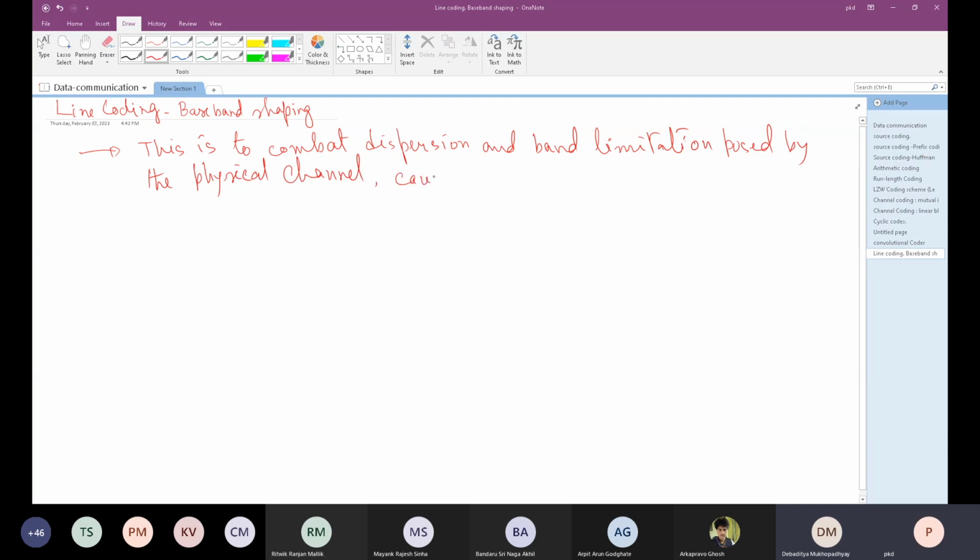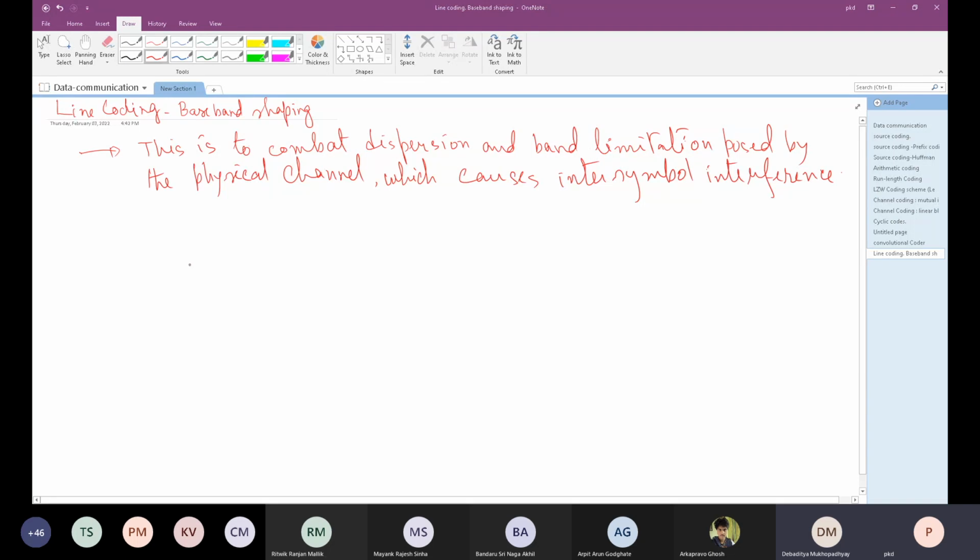So basically, this causes intersymbol interference, which causes intersymbol interference.